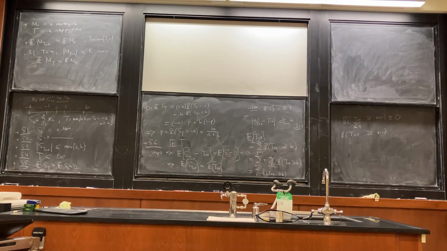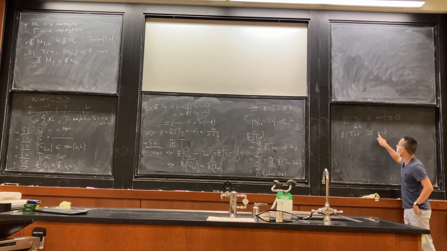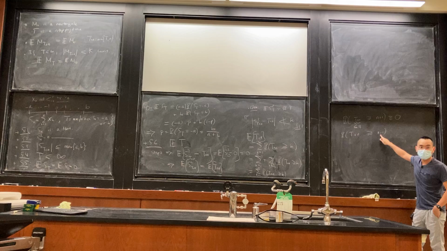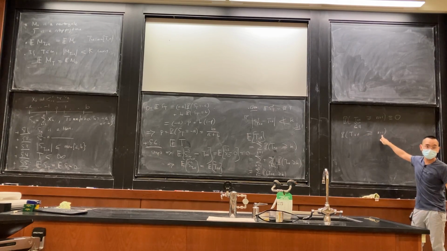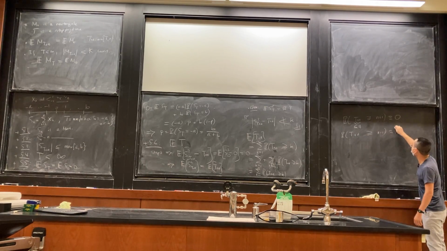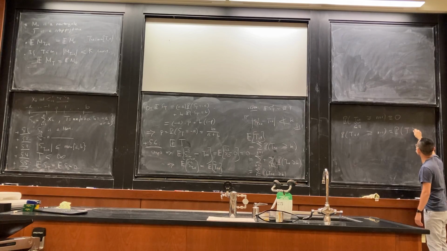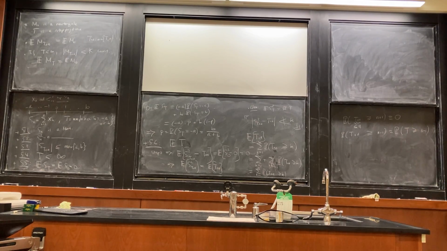That T is supposed to be greater than this. But because n is already greater than this, this is the same thing as T greater than n minus 1. Is it the same thing?